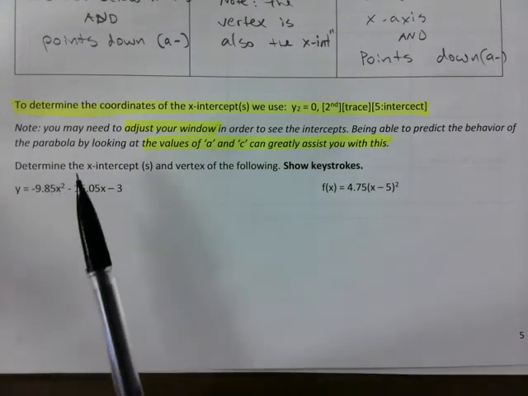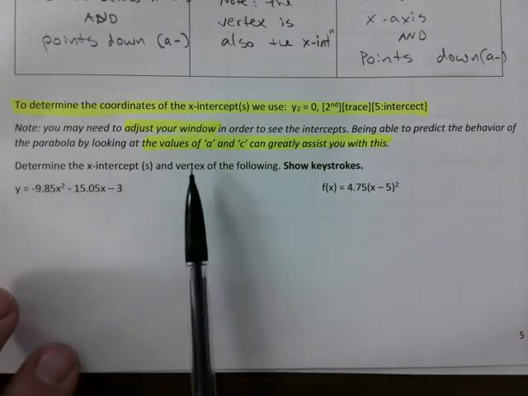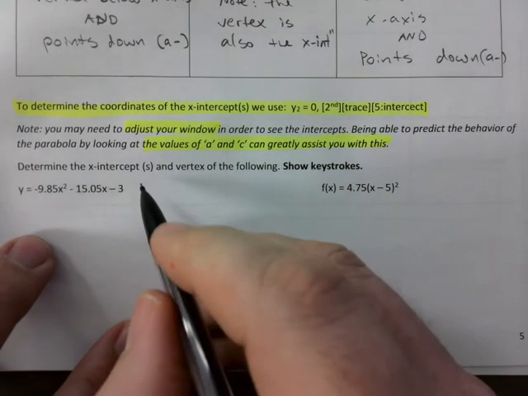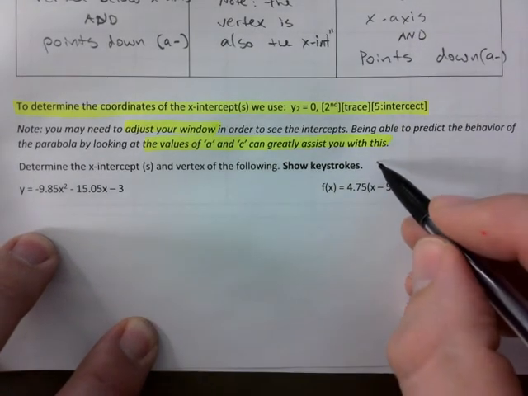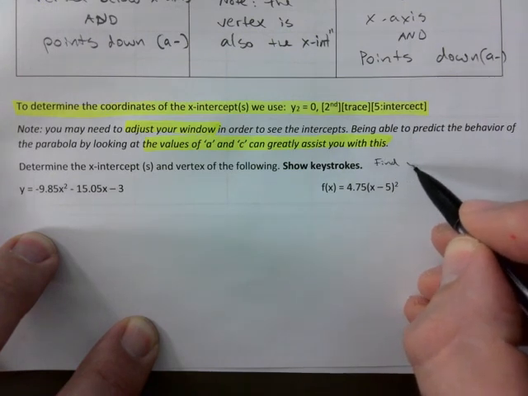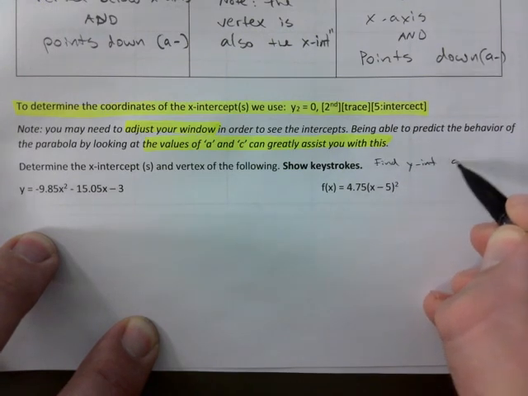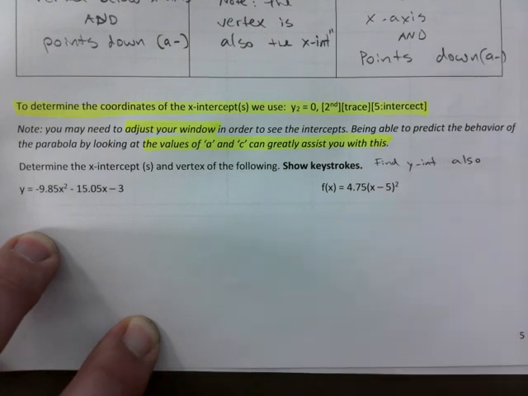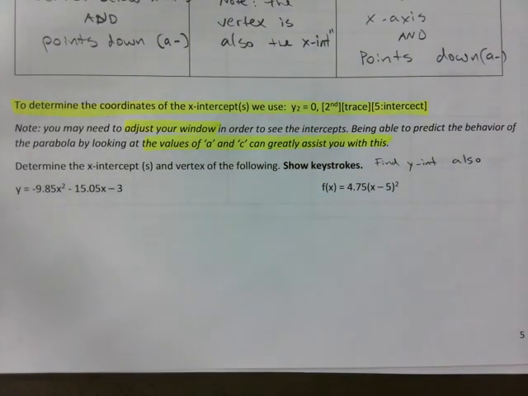So we'll do that. Determine the x-intercept, vertex, and I'm going to add one here. Find y-intercept also. And for y-intercept, there's only ever one, so you don't have to worry about more than one.